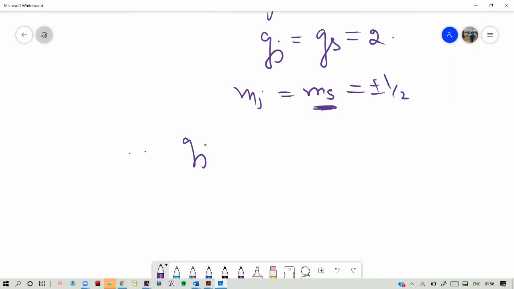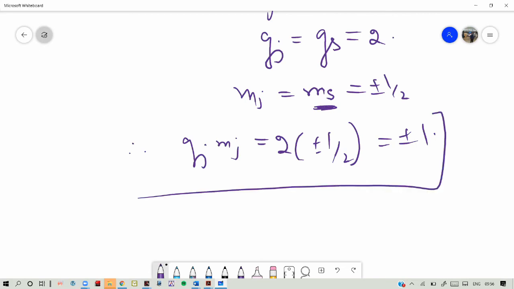Therefore, if you write Gj Mj, it is 2 into plus minus 1 by 2, that is plus minus 1. That's what they actually observed in the experiment. This is how they gave a quantitative, mathematical treatment of this.